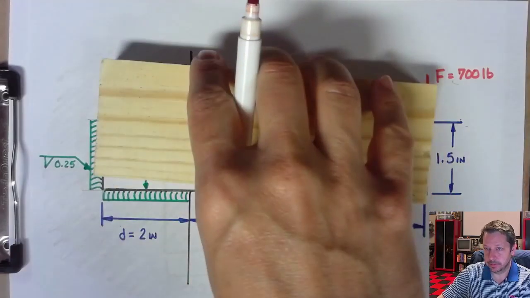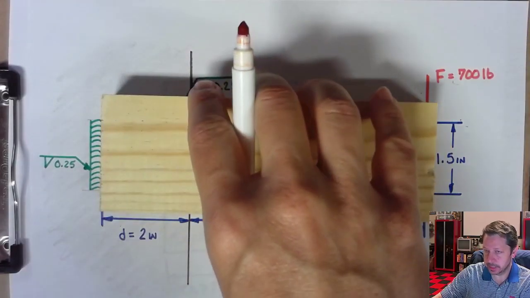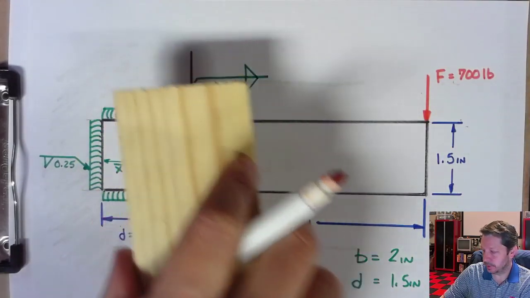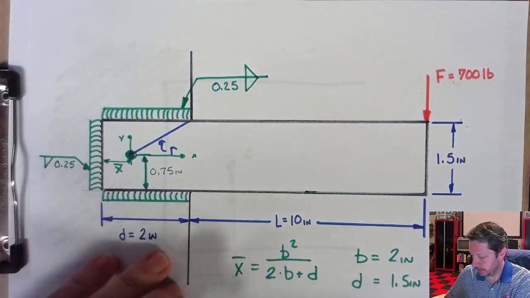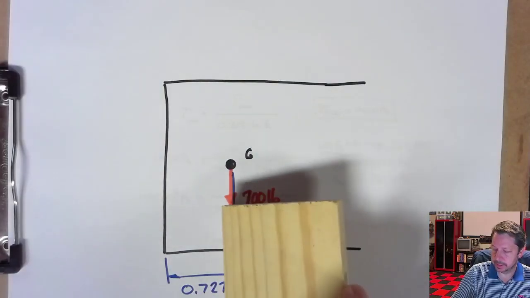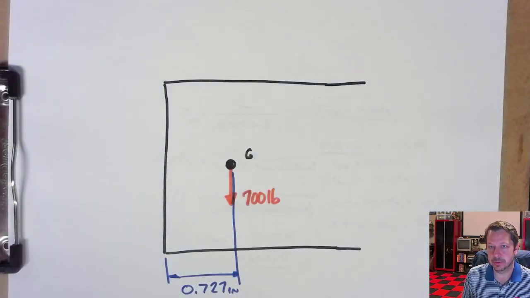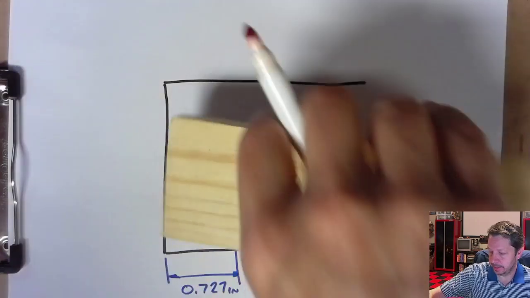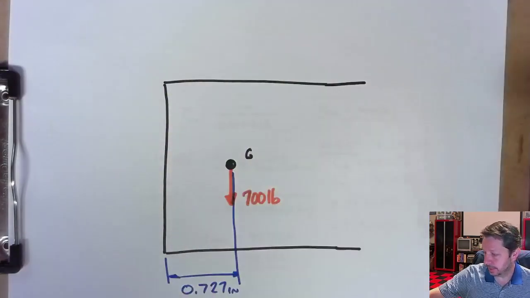And then this 700 pounds not only was trying to push or translate directly down, but it's also trying to rotate. And so I need to take that effect. What I've got here is just translation. There's no rotation caused by this 700 pounds about the centroid of this weld group. I need to create that rotation effect.